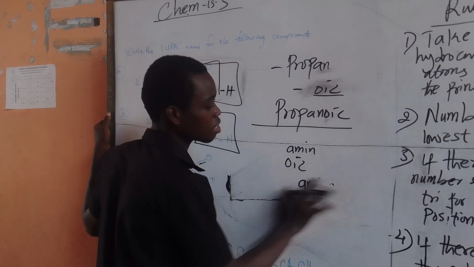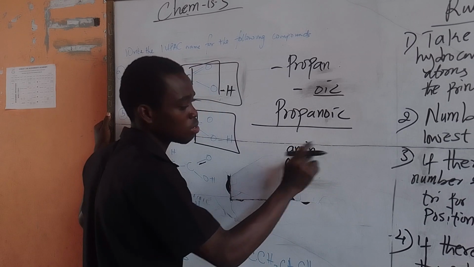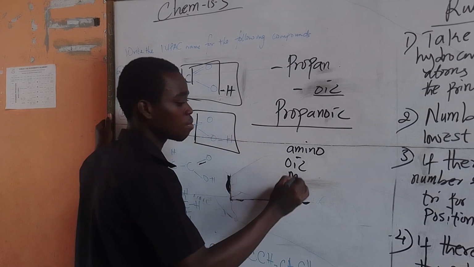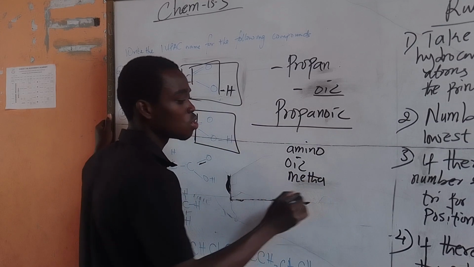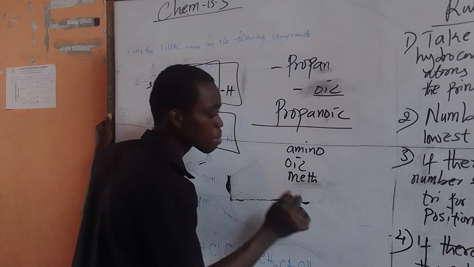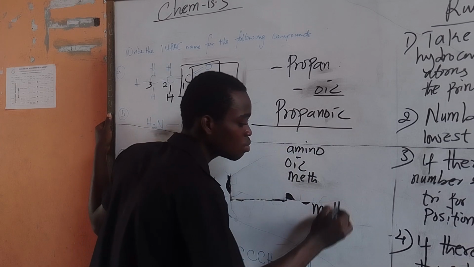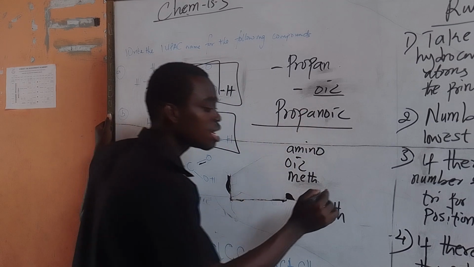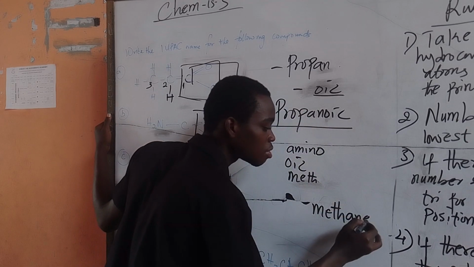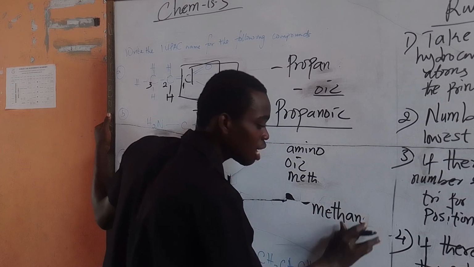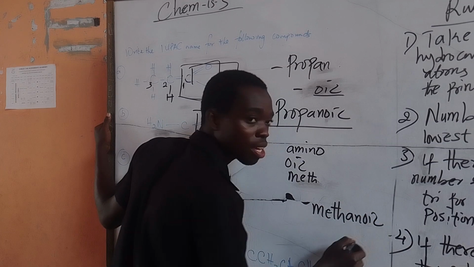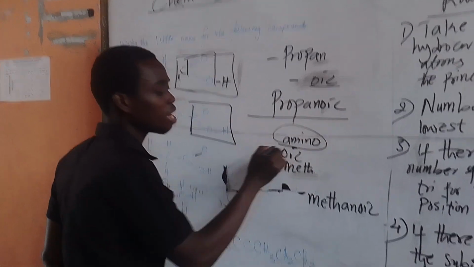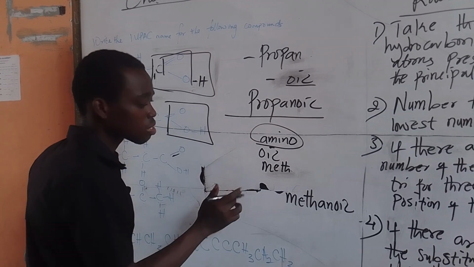Instead of using the suffix, I'm going to use the prefix. This is oic, and I have one carbon, met. I told you the way to name the alkanoic is you name methane first, met, and remove the last E and add the oic. So I'll have metanoic. But I have amino here.